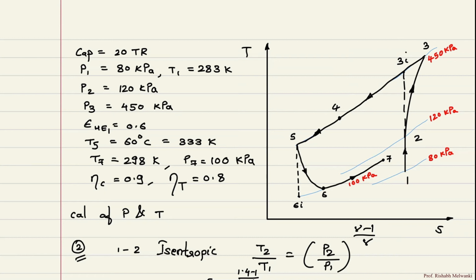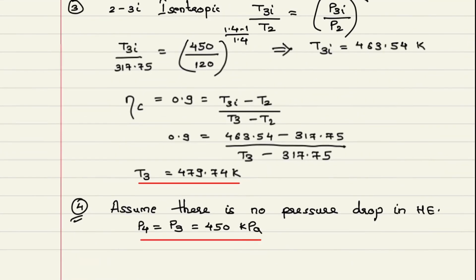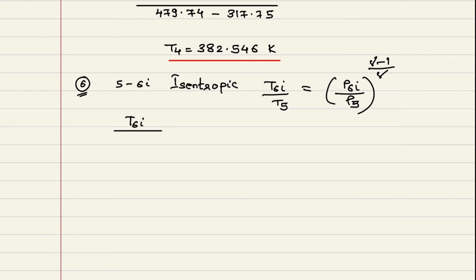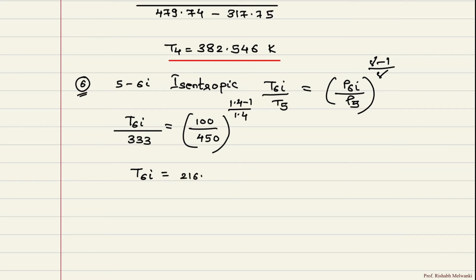Smaller temperature difference T5 minus T6 divided by larger temperature difference T5 minus T6i. So we will calculate T6i first. From here we will get the value of T6i, which is equal to 216.67 Kelvin.